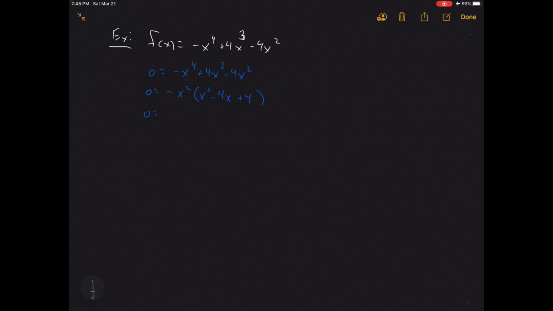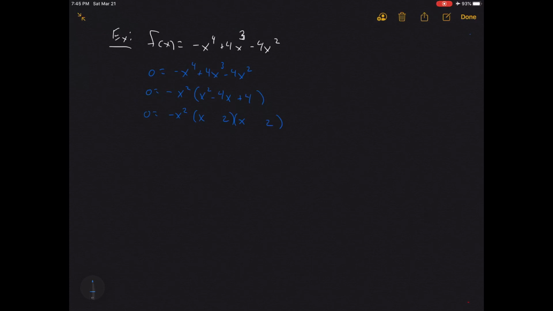So when I go to factor what's inside the parentheses now, this should just factor like a regular trinomial. It's got to be an x and an x there. The factors of 4 on the end are either 2 and 2 or 1 and 4. 1 and 4 is not going to work because I can't take 1 and 4, add those two numbers, and get to the negative 4 in the middle. So it's going to have to be 2 and 2.